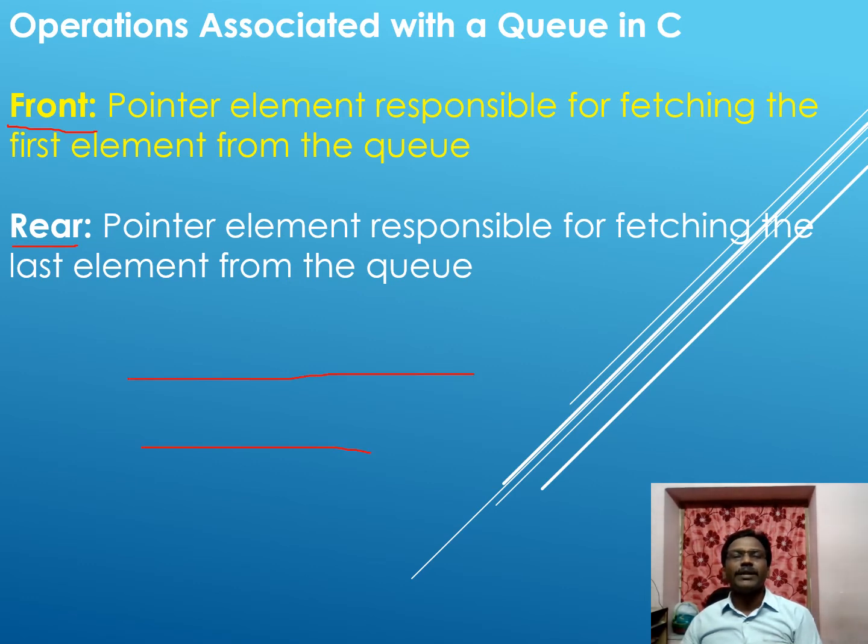In the same way, in a queue of people, the first person is at the front, and a new person enters at the end or rear position. The first person represents the front, the last person represents the rear position.